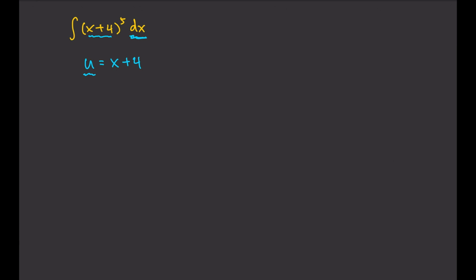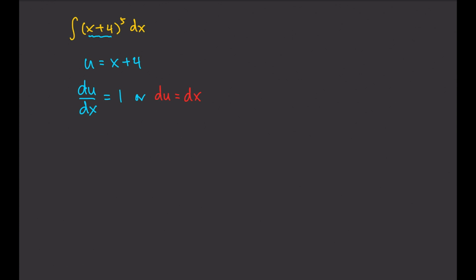To do that, we are going to find the derivative of u. So that will be du over dx. The derivative of u with respect to x is equal to 1. Or, and I'll use another color here, du is equal to dx, right? So that means this.